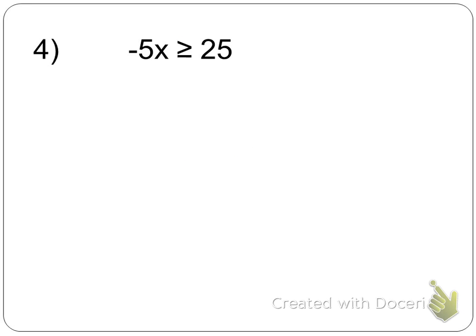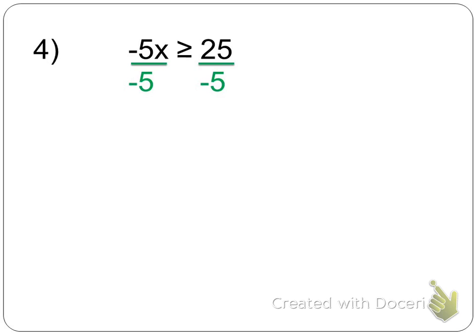All right, here's number 4. How am I going to get x by itself? Divide both sides by negative 5.